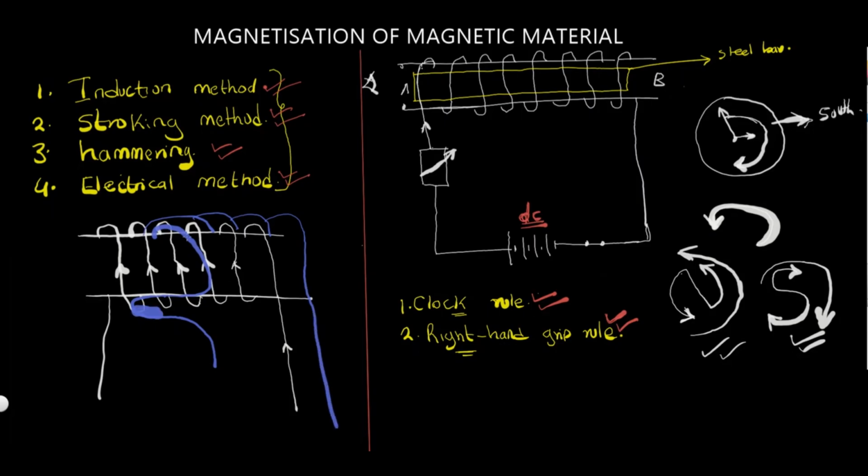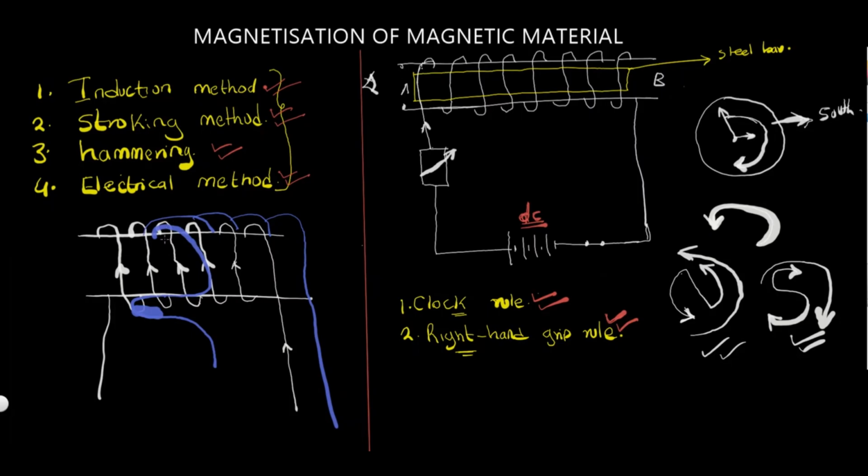When you grip it like this, what we normally say is that if a coil carrying current is grabbed in the right hand such that the fingers point to the direction of current in the coil, then the thumb points to the direction of the north pole.